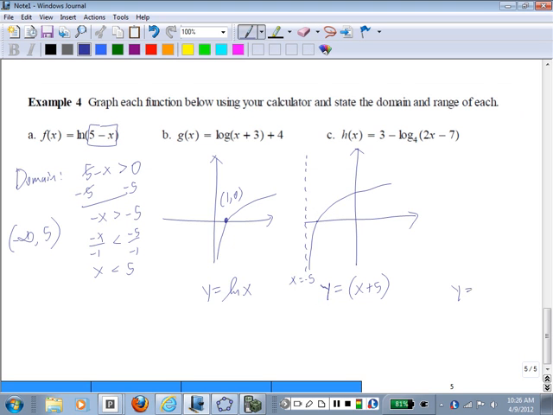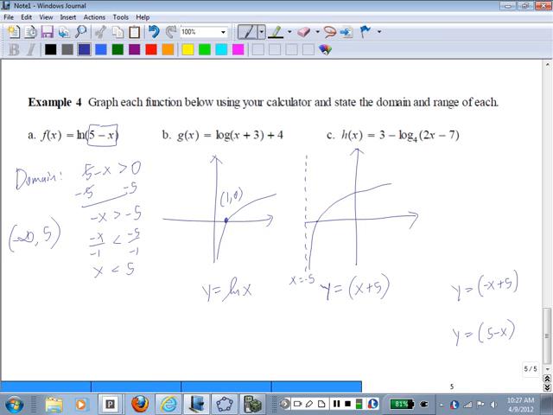What if then we substituted negative x for x? Is that equivalent to what we have there? Negative x plus 5 is equivalent to 5 minus x. Everybody believe that? If you substitute negative x for x, wherever you see an x on the right-hand side for a function, what does it do to the graph? It's a reflection about the y-axis. Changes the signs of all the x coordinates.